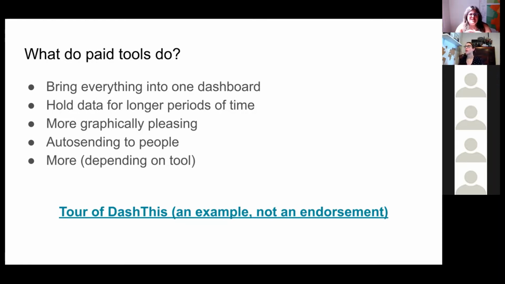And other tools might offer to follow accounts that are similar to your account, so we can compare your data. If you use MailChimp, for example, for email marketing, you'll notice that you have an open rate, but if you've given your industry, right next to it it'll say, okay, your open rate is 12%, your industry average is 18%. So it gives you a little bit of context. Some of these tools will do that.